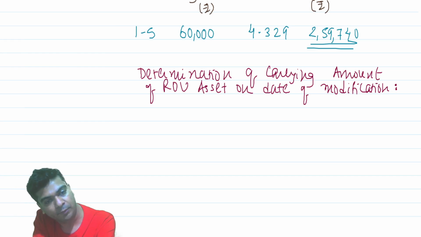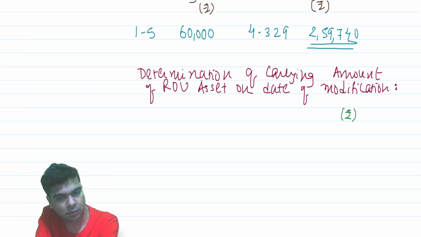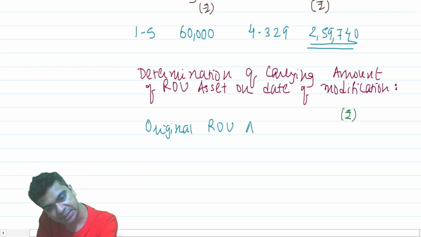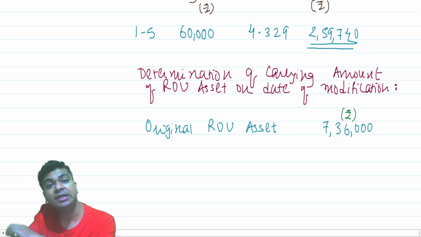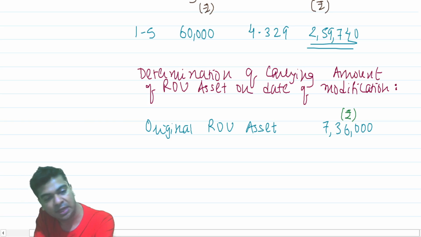So we say here, original ROU asset. We recognized the ROU asset at 7,36,000, right? Your initial lease liability was 7,36,000, and because there are no other elements, your ROU asset will also be 7,36,000.